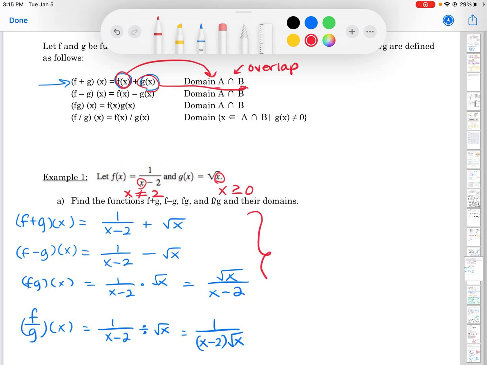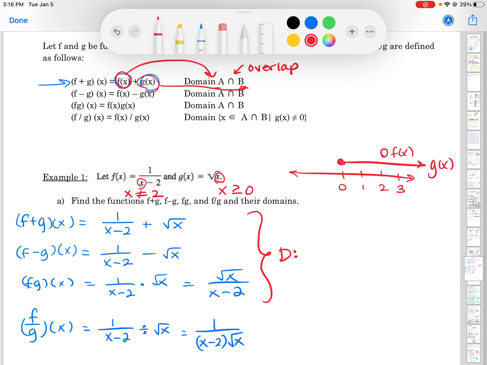Now, the domain for addition, subtraction, and multiplication is all going to be the same. It's just the overlap of those two rules. Sometimes I like to use a number line for this. Not only does x have to be greater than or equal to 0, and there's my g of x, but it also has to be not equal to 2, so that would be an open circle here.